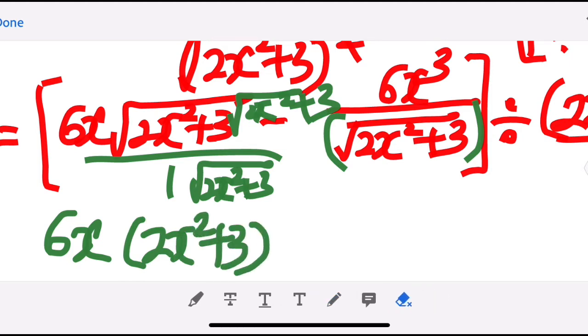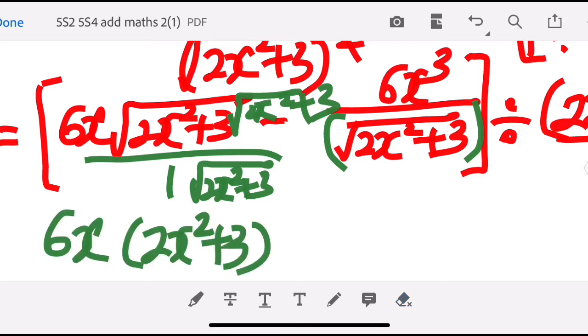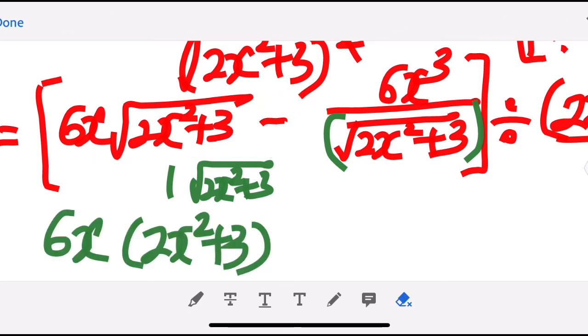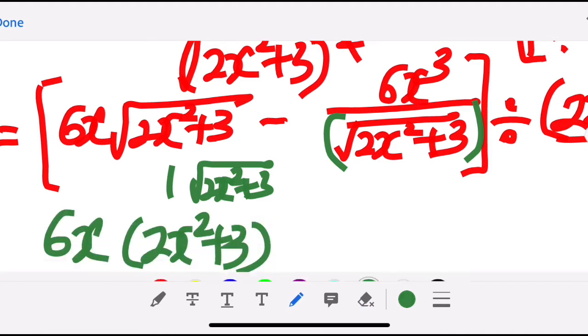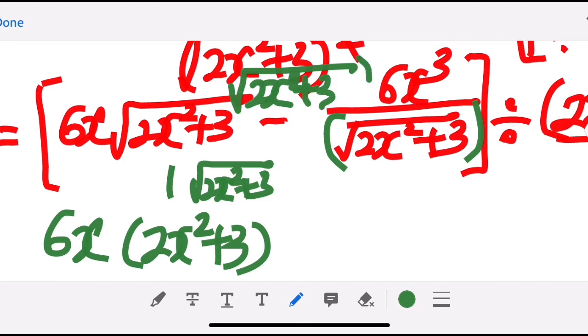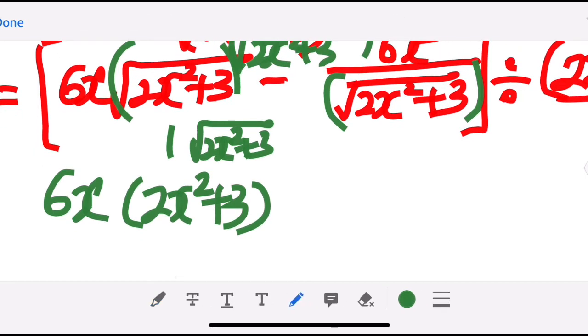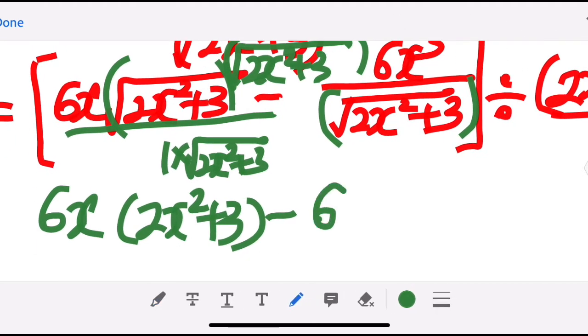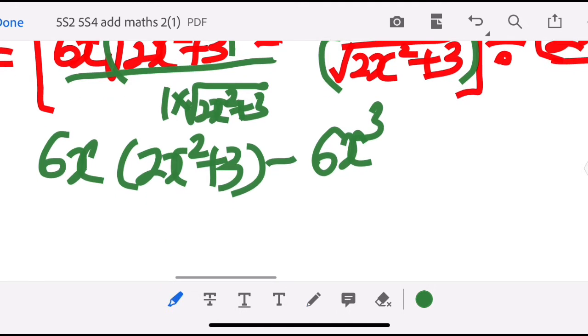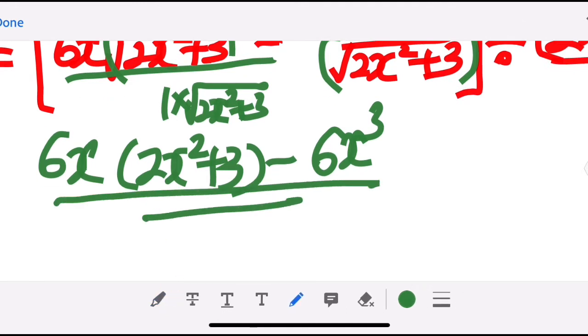Understand? Because these two, as I mentioned just now, we are multiplying by the square root of 2x squared plus 3, these two. The square root cancels out. Because the denominators are the same, we can just join them, becomes 6x cubed over the same denominator, which is 2x squared plus 3.